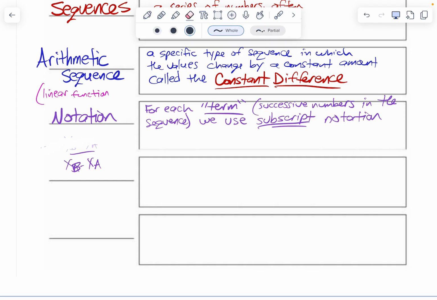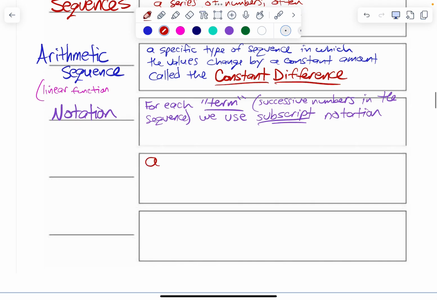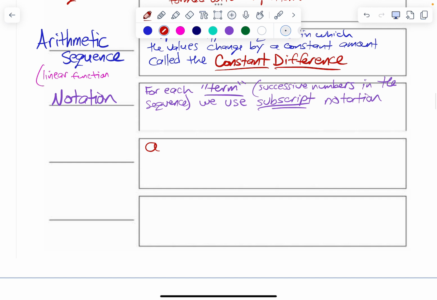Okay? For this, it's going to be the same position, but now we're going to use something a little different in the subscript. So, a is what we're going to use for each term that we're talking about. Okay, a sub 1 represents the first term in the sequence.